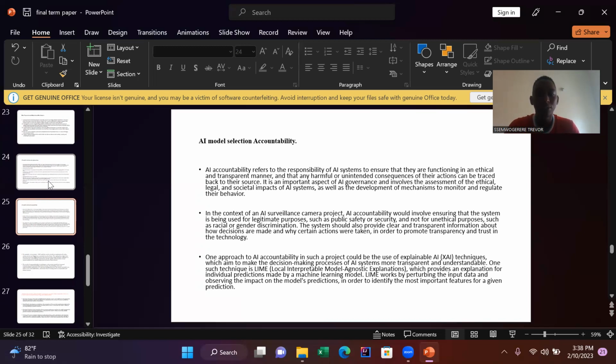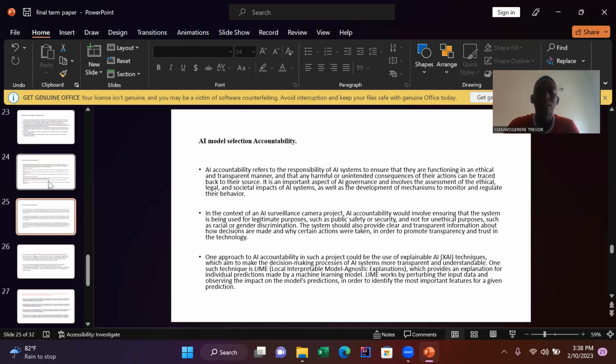That is what they're asking for. So in the context of an AI surveillance camera project, AI accountability will involve ensuring that the system is used for legitimate purposes such as public safety or security, and not for unethical purposes such as racial or gender discrimination.